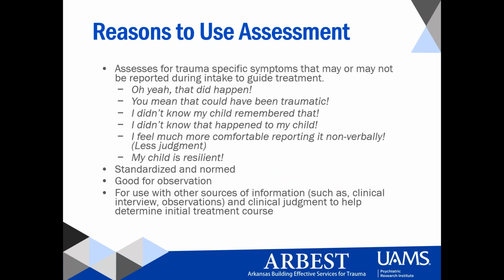The reason we're having this presentation is we've made a switch as part of ARBEST from the measure we had been using since the beginning of the project in 2010, the UCLA PTSD Reaction Index for DSM-4. At this point, we are in DSM-5, so the DSM-4 version of the UCLA is a little outdated.